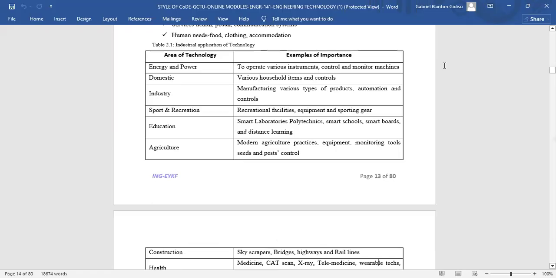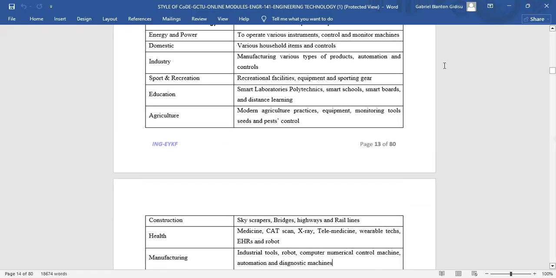We have agriculture, construction: skyscrapers, bridges, houses. Health, like we said, the X-ray machines.